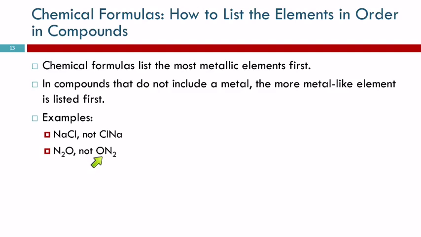I understand that these represent, in theory, exactly the same thing. 2 nitrogen atoms and 1 oxygen atom. But when we look on the periodic table, we see that nitrogen is to the left of oxygen. It's closer to the metals, right? So the one that's closer to the metals goes first, and the one that's further away goes last.